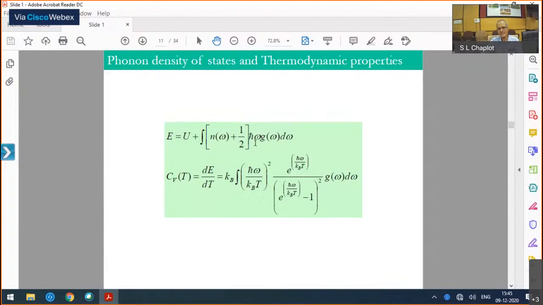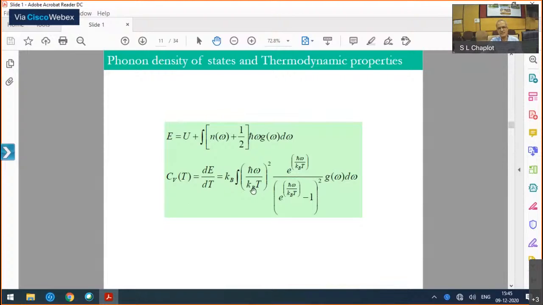Each phonon has an average energy (n plus half) h cross omega, where n is the Bose population term for this phonon excitation. So (n plus half) h cross omega is the energy of this harmonic oscillator, multiplied by the density of states, and the temperature derivative of it gives you the specific heat.